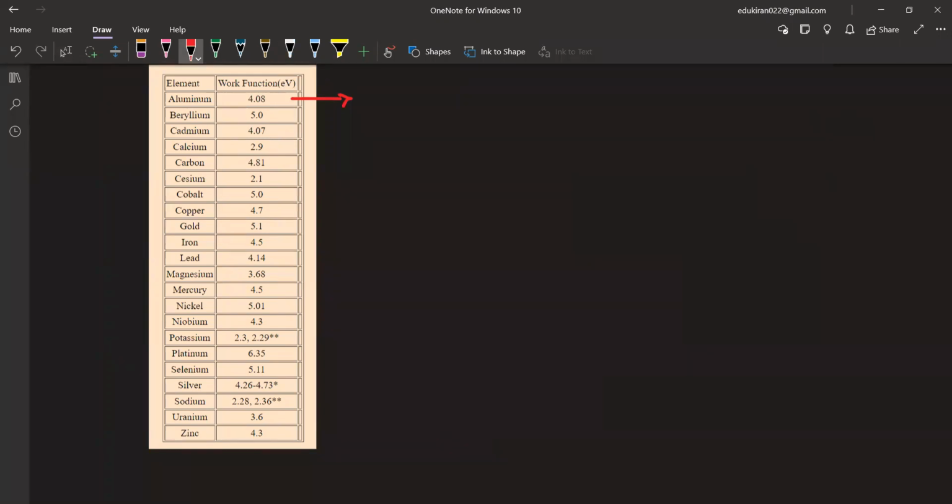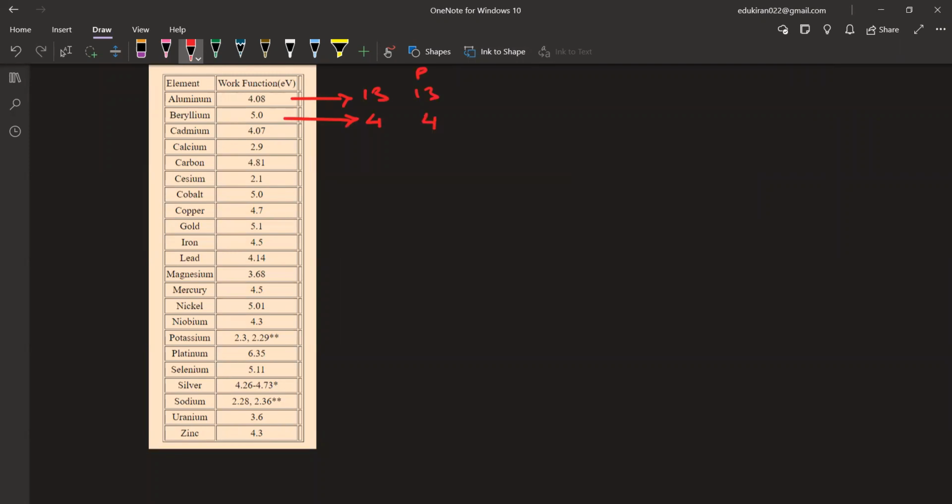अरे क्या हो गया? 13. हाँ, 13. Atomic number of beryllium? 4. Okay. Now, if you count the number of protons, then aluminium will be having 13 protons, and beryllium will be having 4 protons.